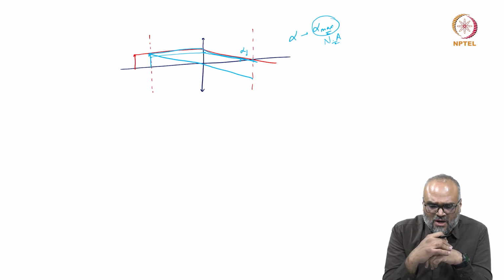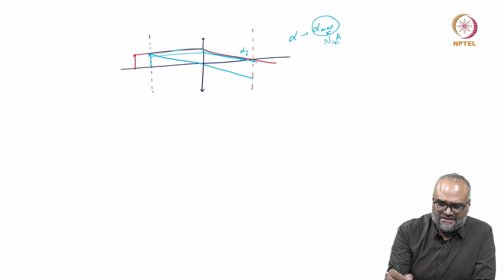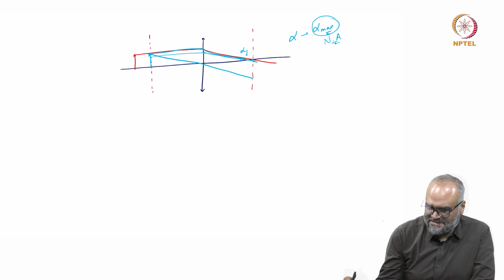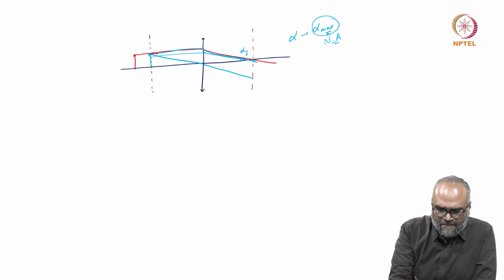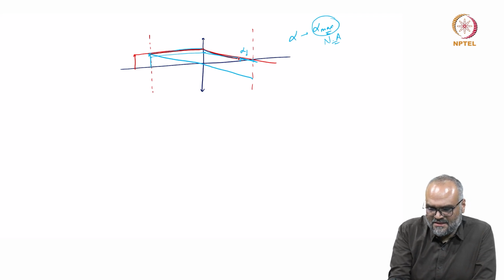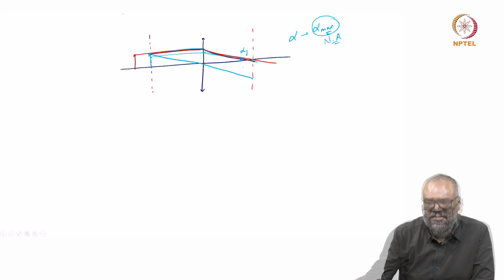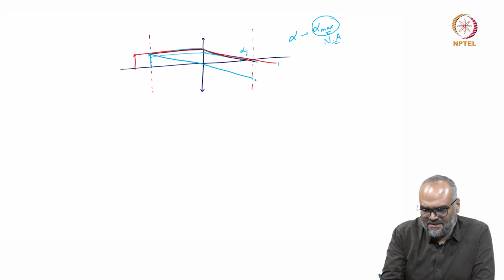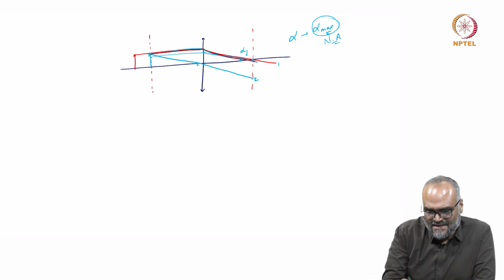Now, what you can notice here is that ray 1, traveling this path, has a different length from the other ray. So ray 1 travels a different path from ray 2, and the additional path that ray 1 travels can be given by a small path difference.